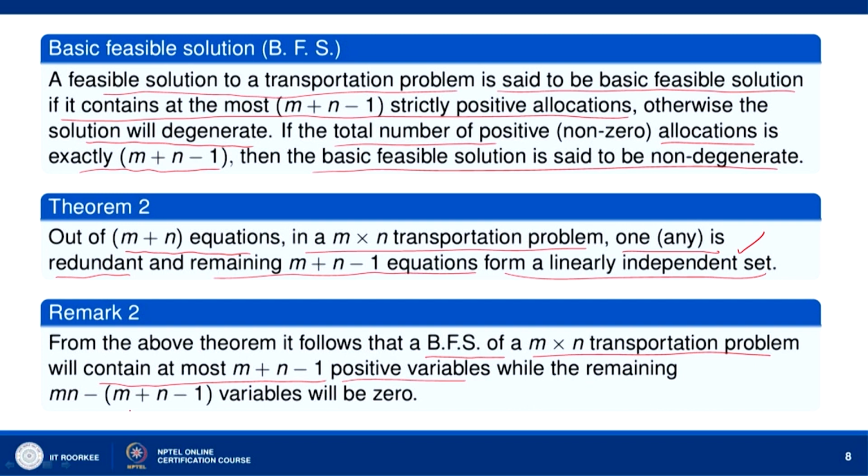Taking mn minus m plus n minus 1 variables as 0, the remaining m plus n minus 1 variables can be determined from the m plus n minus 1 equations. So, a basic feasible solution can be obtained from these m plus n minus 1 equations.